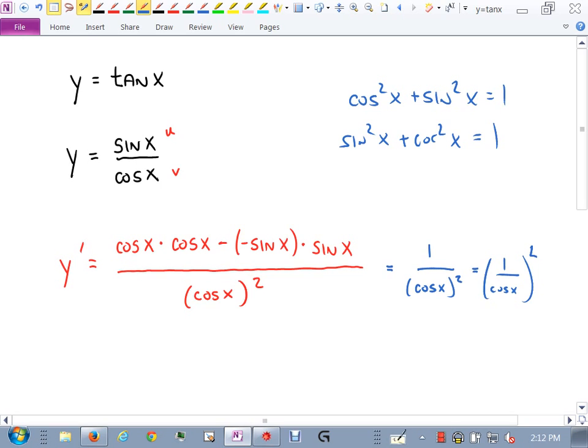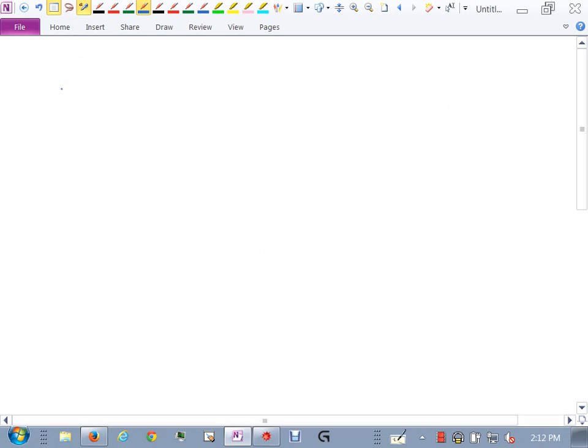Like, what's the derivative of cosecant? I'm not going to do it, but if I wanted to, well, maybe I will. What's the derivative of cosecant x? Well, it's negative cosecant x cotangent x, but where does that come from? Well, cosecant is what? 1 over sine? That means I could call u and v like that, u is the top, v is the bottom, right? This one's going to be interesting.